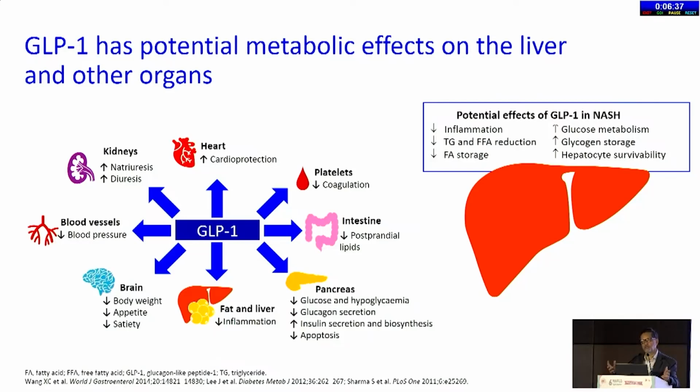But through all this reduction in adiposity and systemic inflammation and improving the overall metabolic health, it reduces inflammation. Because it improves insulin sensitivity, it reduces fatty acid and glucose delivery to the liver, so there's less substrate to form fat. It improves glucose metabolism, and it also results in improved glycogen stores.